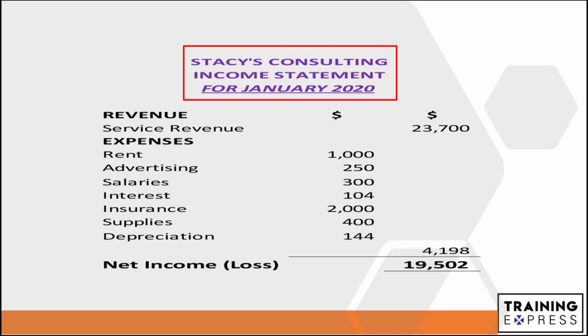And in the third row, you will see the time period or accounting period for which we are preparing this financial statement. Income statement is always prepared for a specific time period. So in this case, you will see the income statement is being prepared for the month of January 2020.